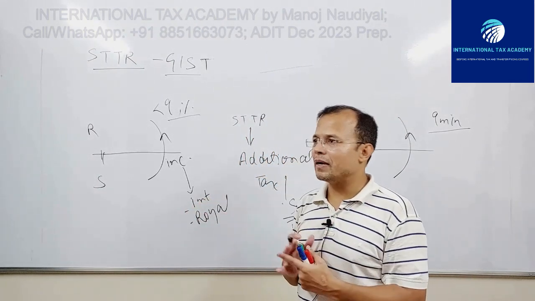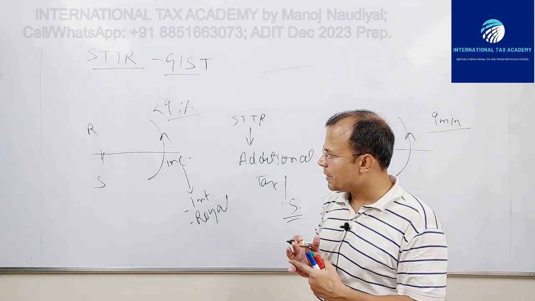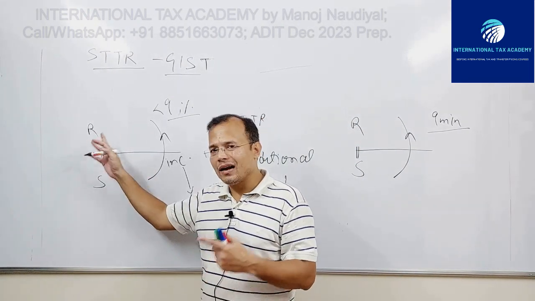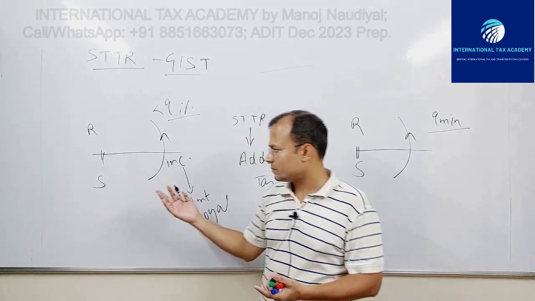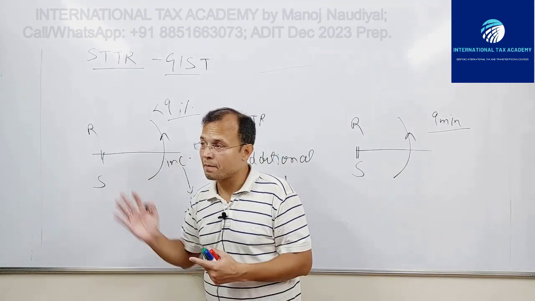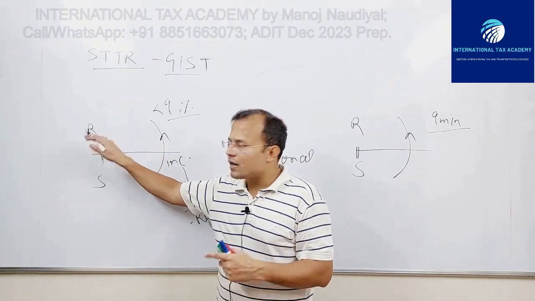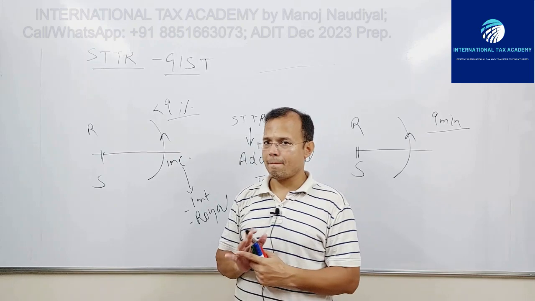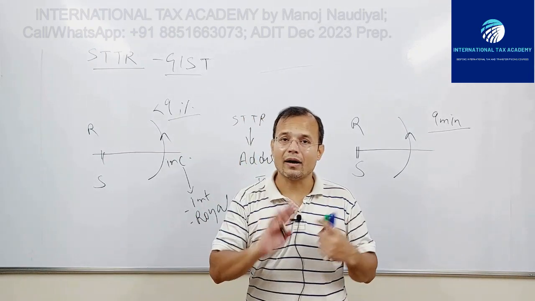See, there is a commitment. If you look at these two countries, R and S, R country is the residence country. S country is the source country where the income arises. R country, in most of the cases, is a developed country. S country is a developing country.